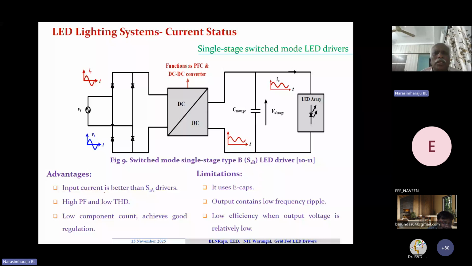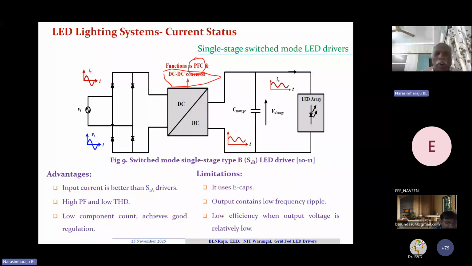Even in that single stage process, there are some topologies which provide the step down conversion as well as, at the same time, power factor correction.